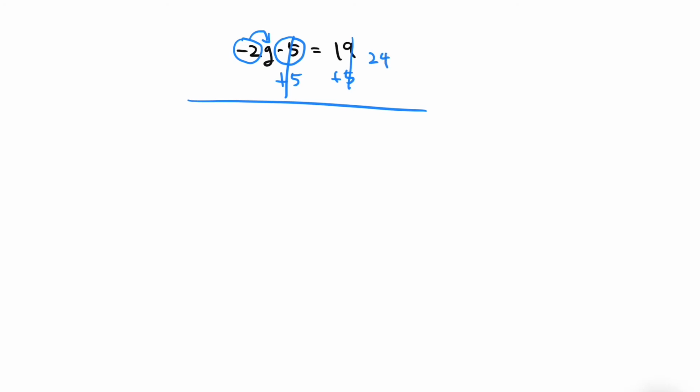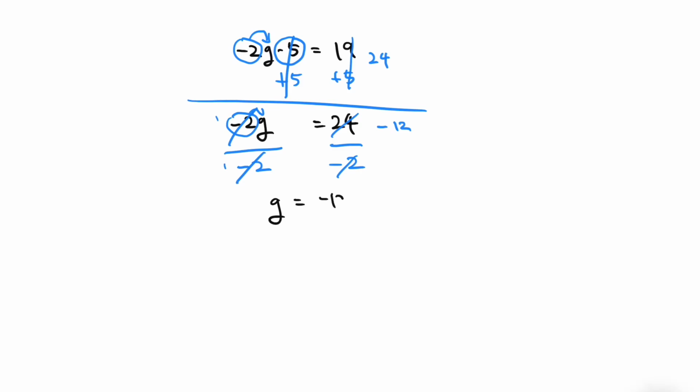They become 24. So we have negative 2g is equal to 24. Now we have negative 2 being multiplied to g, and what is the opposite of that? Division of negative 2. Negative 2 divided by negative 2 is 1. Division of the same number is always 1. 24 divided by negative 2 is negative 12. So what do we have? g is equal to negative 12.